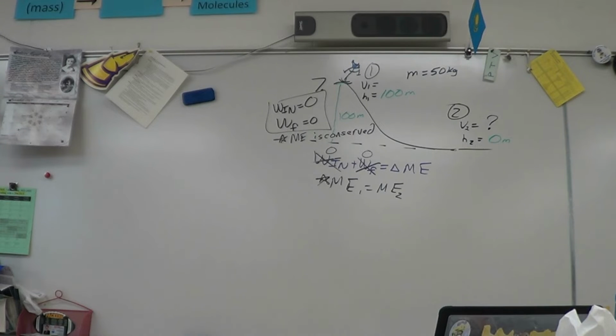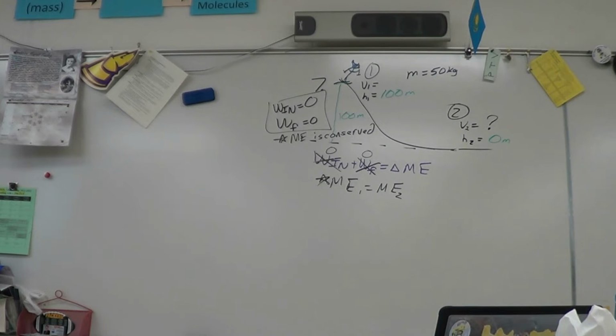If you wanted, you could define H1 to have a height of 0. You could say the top of the hill is 0. Perfectly fine. But if H1 is 0, then your H2 would have to be negative 100. But it works out. Or maybe you say, well, I'm not at sea level.